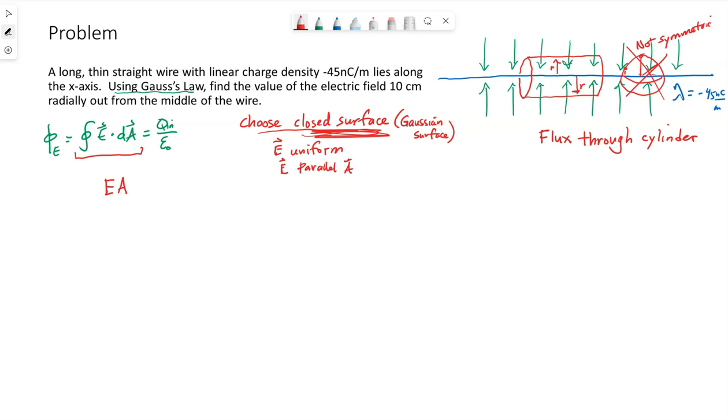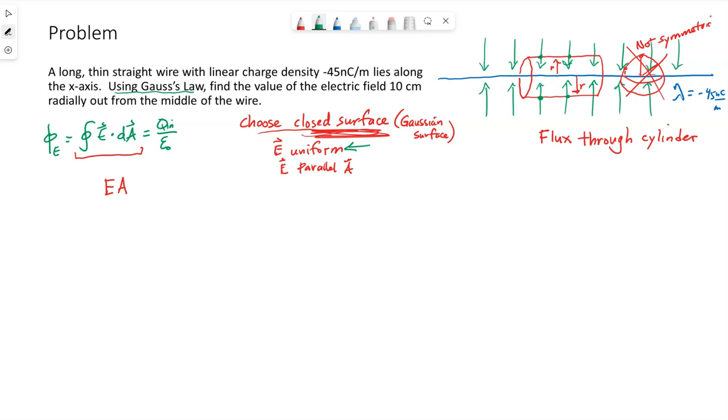So I've satisfied the conditions, though. This cylinder, where the electric field passes through the edges, because the side edges anyway are the same distance from the wire, the electric field will be uniform. It will have the same value as it passes through those sides.